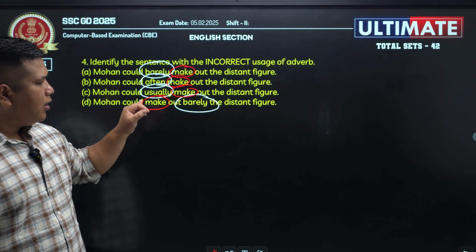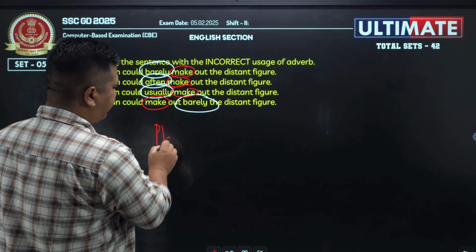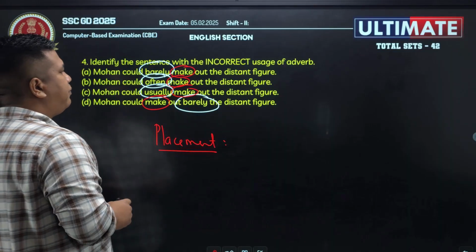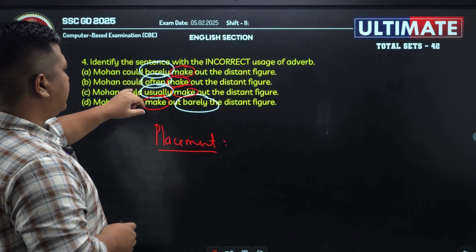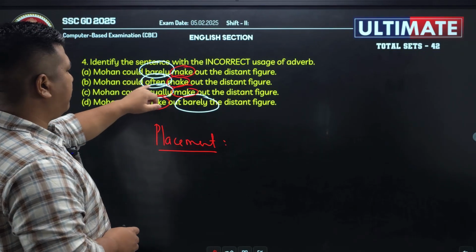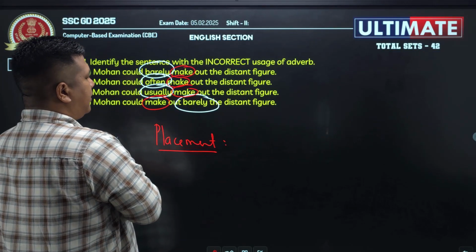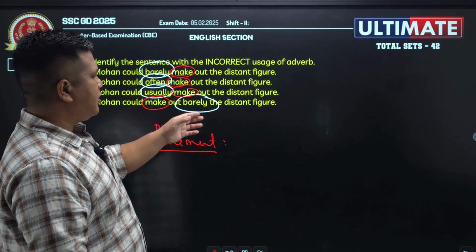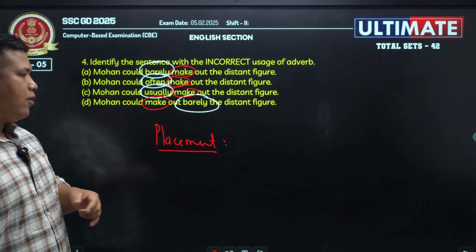But in the last one, make out barely. So here it is all about the placement of the adverb. Barely is both an adverb of frequency as well as an adverb of degree. How much?